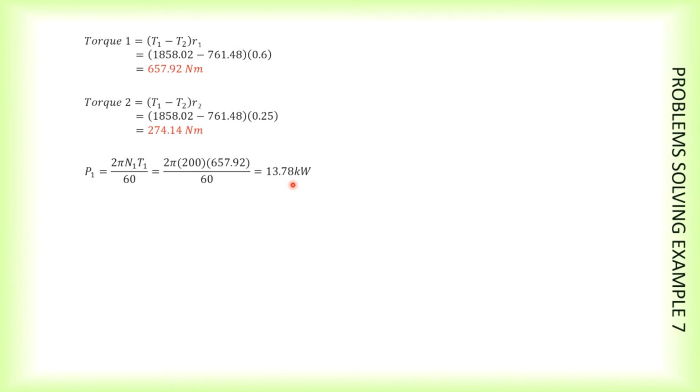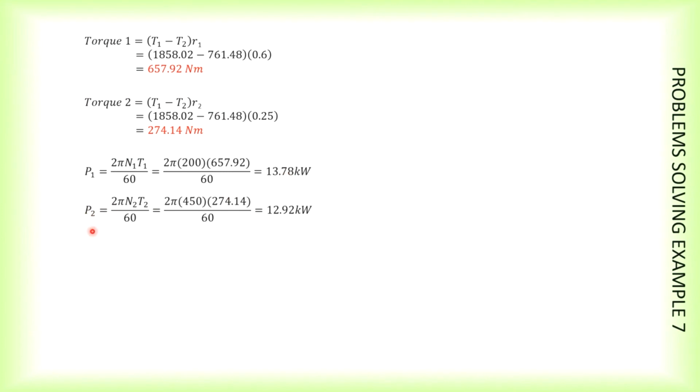So it is almost the same on the pulley and on the belt. The difference is only 0.01 kilowatt, which doesn't make any difference. So it is proven that the power input is that much, 13.78 or 13.7.